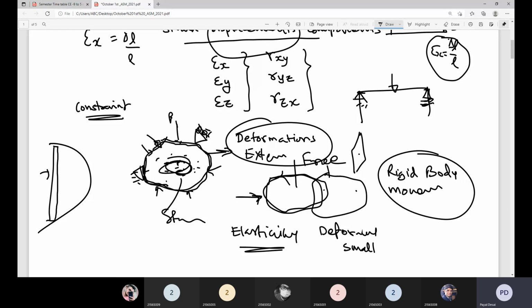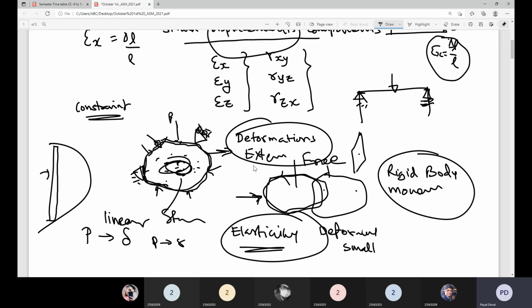That is not in elasticity. We are still considering geometrically linear. Linear meaning the force versus displacement relationship should be linear. Because P and delta is always linear.